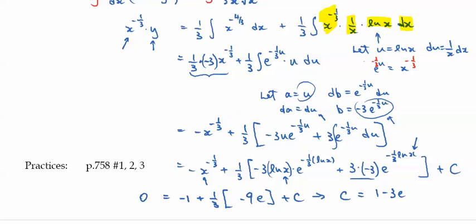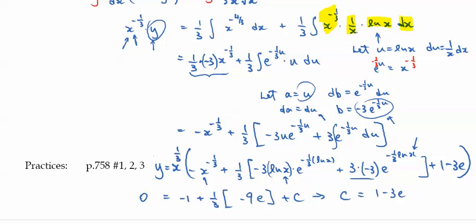And that means if you have 1 minus 3e for the plus c, then solving for y, you will now have y equals this whole thing divided by this, or technically now having a positive exponent.